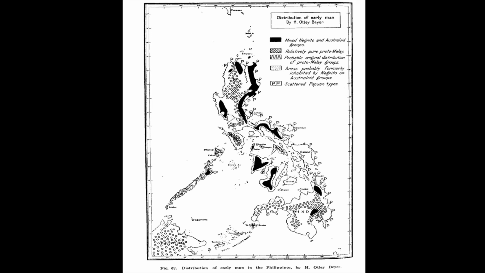But as you can see here by the graph of H. Otley Bayer, we also have scattered Papuan types that are also involved in these regions. We have Negrito, Australoid, we have Proto-Malay, and we also have Papuan types.